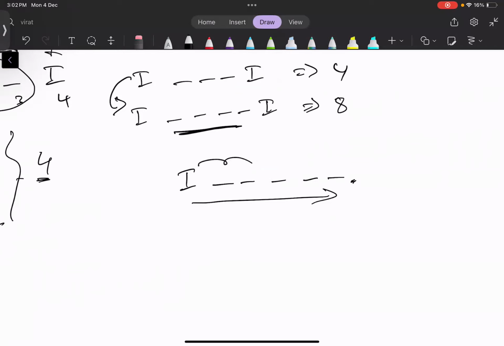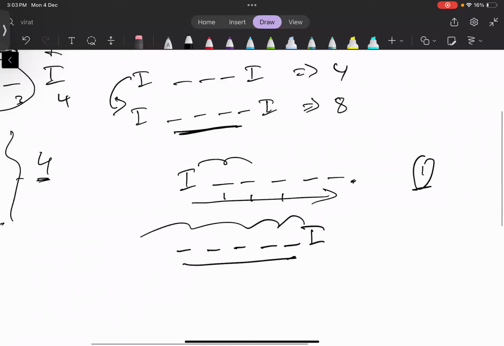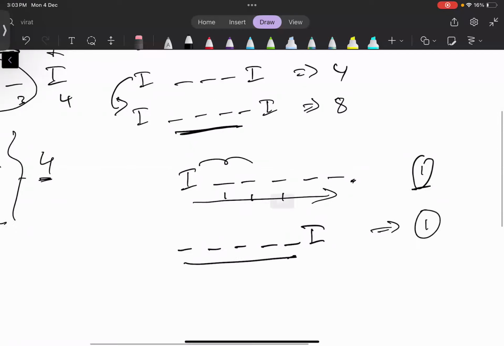This person gets infected, only then this can get infected, only then this can get infected. So there'll always be only one possibility in such a scenario. Even for the beginning of the array, if there are 5 people in between, the infection will go backwards. So in this case also, there'll only be one possibility, right?